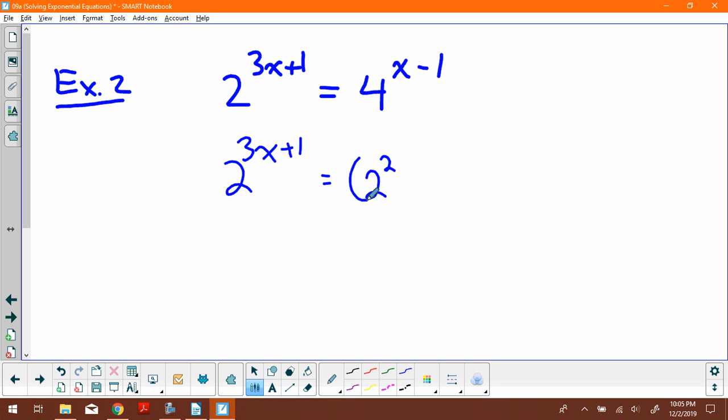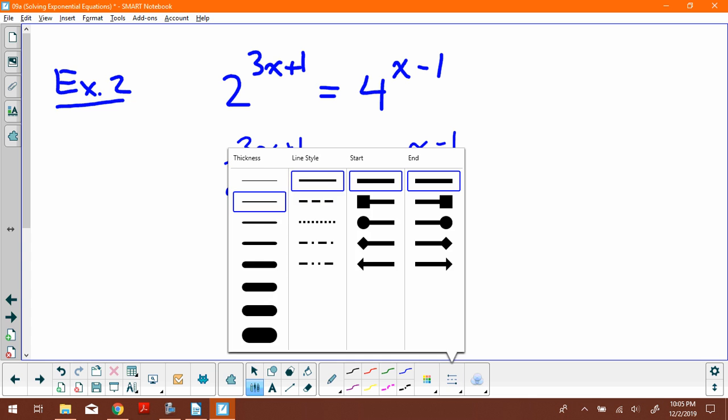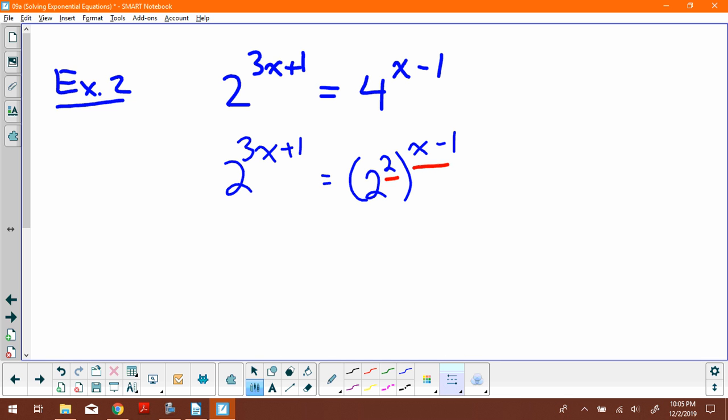So 4 is the same as 2 squared. This is a little different because I have another exponent here already, but that's when I remember my exponent laws. When I have power to a power, I just have to multiply those 2 powers together. So that means that I have 2 to the 3x plus 1 equals 2 to the 2x minus 2.